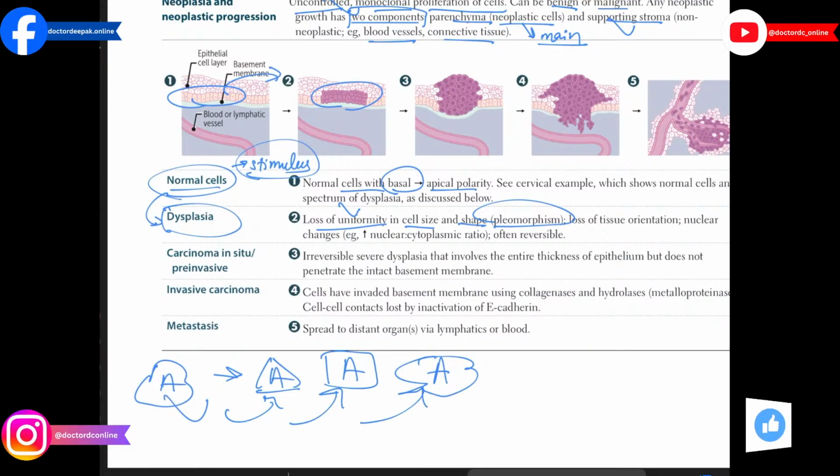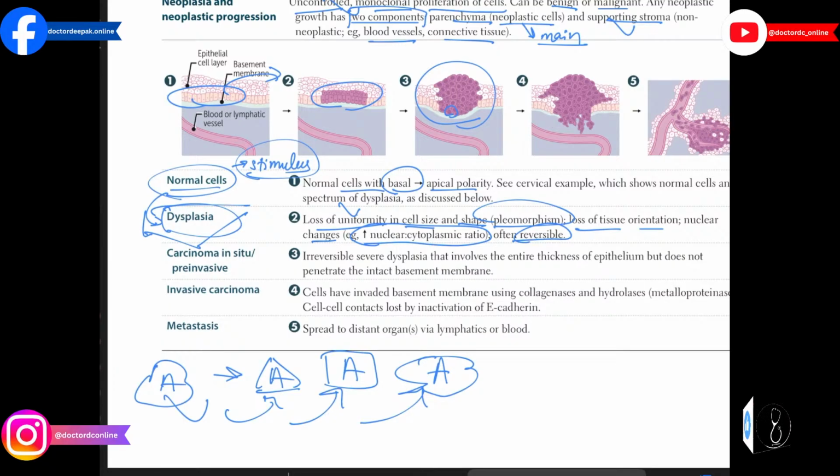Along with pleomorphism there are tissue orientation and nuclear changes. In normal cells the nuclear cytoplasmic ratio is normal, but in dysplasia the nuclear cytoplasmic ratio is increased, with a very big nucleus fitted in the cytoplasm. Dysplasia is often reversible.